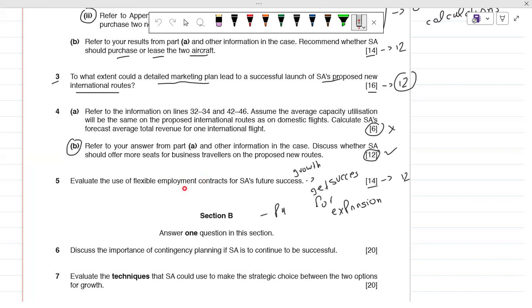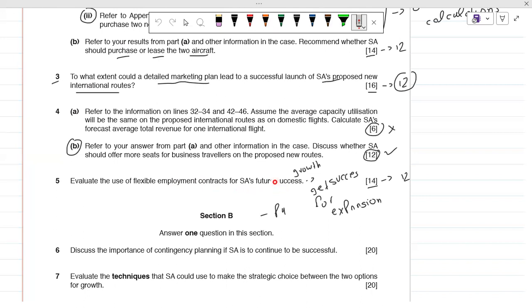If we are writing the positive, the benefit of flexible employment contracts for SA's future success, it means that we have to evaluate this. And when we write the negative point, the disadvantage, which may not be good for SA's future success, we have to evaluate it also.